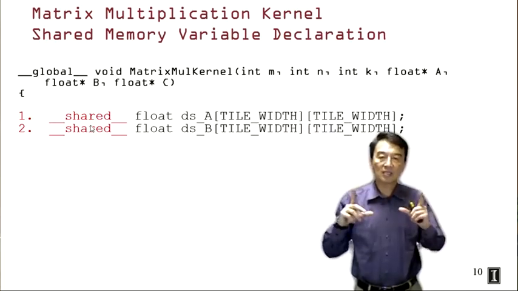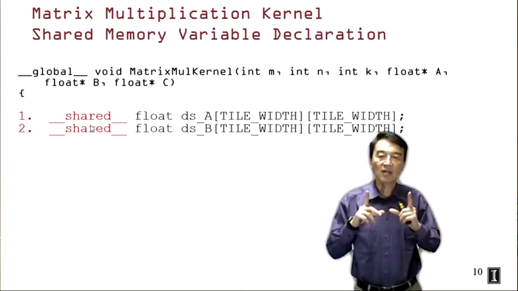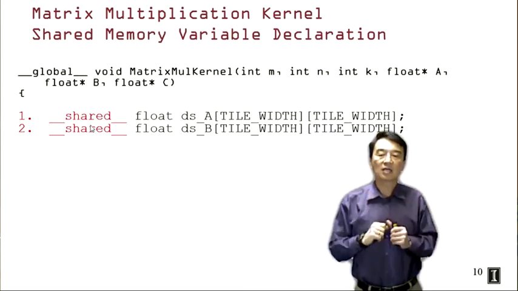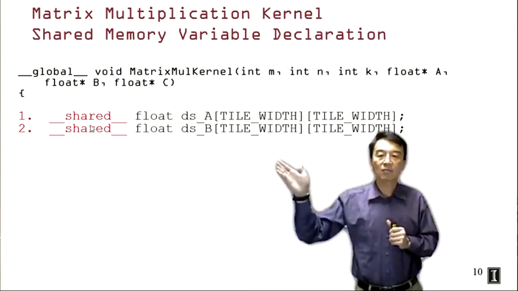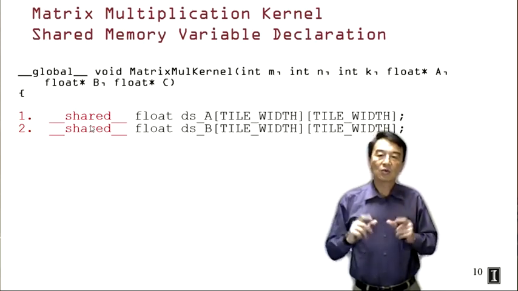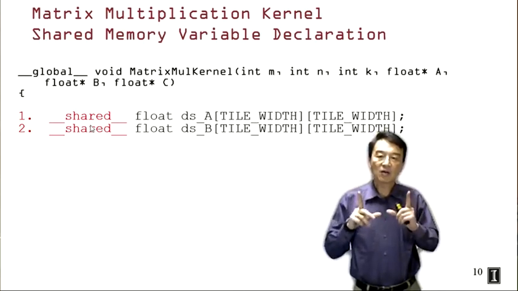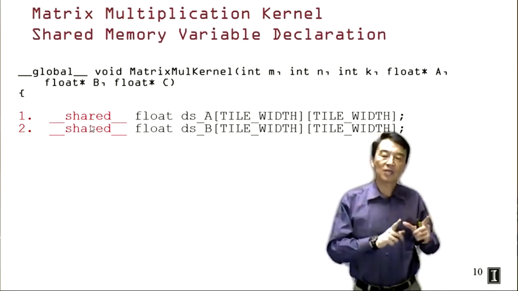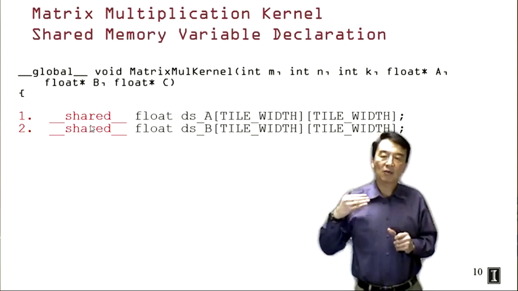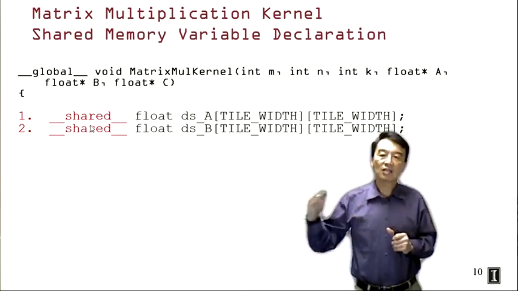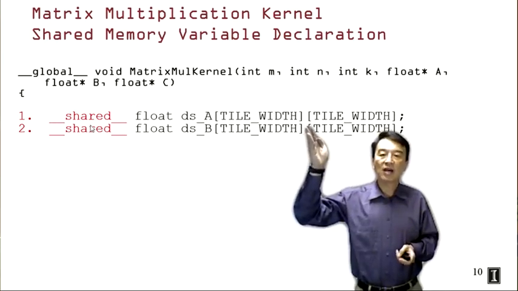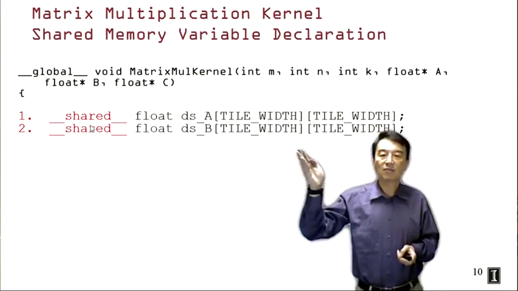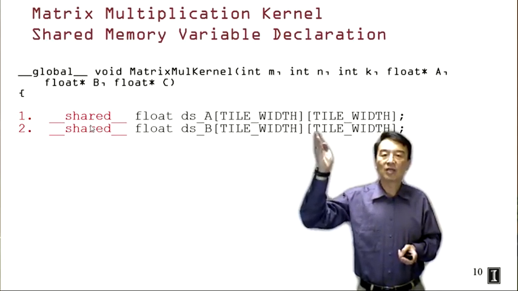So this is the size of one of the tiles in the input A and input B matrix. We're defining a small tile size by tile size array for A, and a small array for B. As we will see, at every stage of the computation, we're going to bring one of the tiles of A and one of the tiles of B into the shared memory arrays.